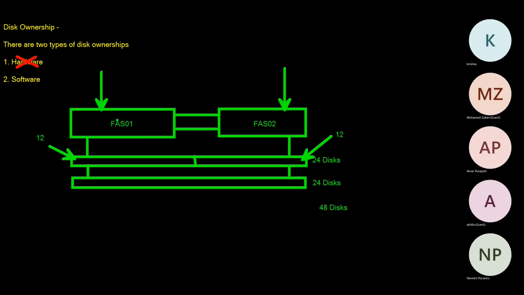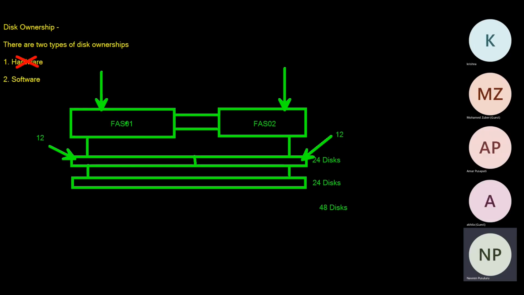Let me tell you clearly: a controller can utilize the disks only under their ownership. My FAS01 can utilize only the disks which are under FAS01's ownership. Same thing with the FAS02, vice versa.